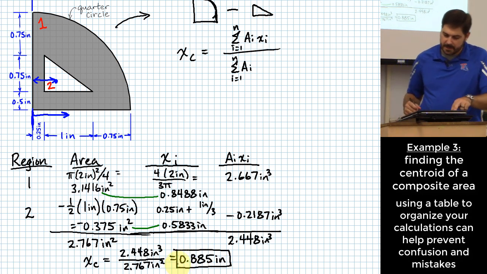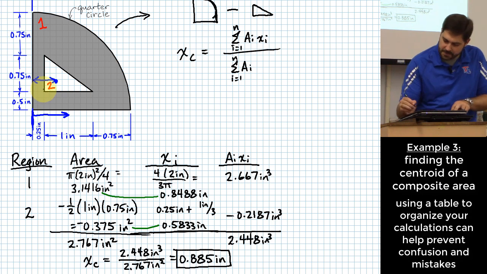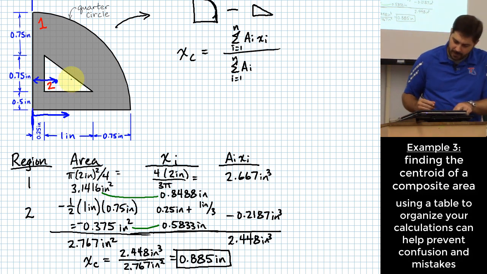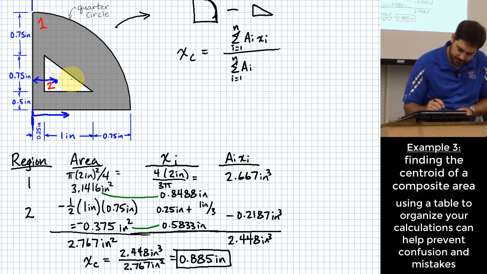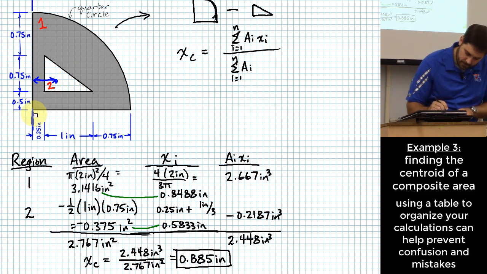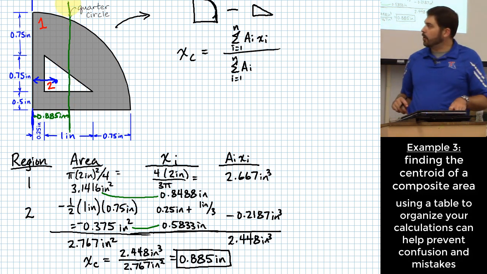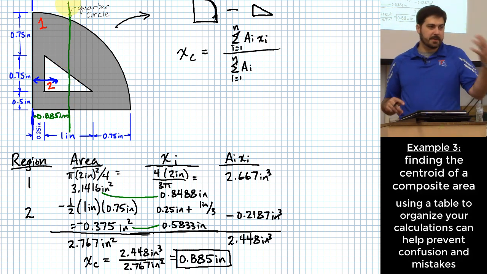What that tells me is that if I'm trying to figure out my overall centroid of this shape, I've got to measure over by 0.885 inches, and my x location of my centroid is going to be that far from the same axis I did my previous measurements relative to.